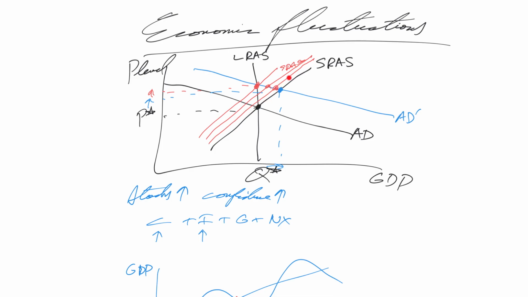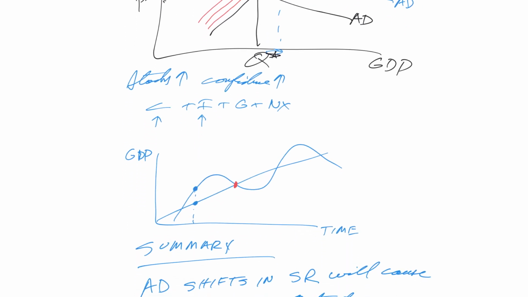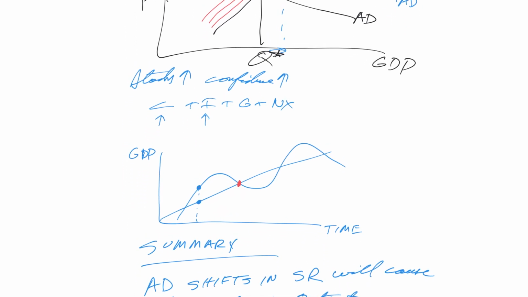Then with the change in expectations, as a result of all that, we saw the short-run aggregate supply curve shift upward, reflecting higher costs, higher wages, and we're back from here to here. But this stays with us. Basically, we just went along there.